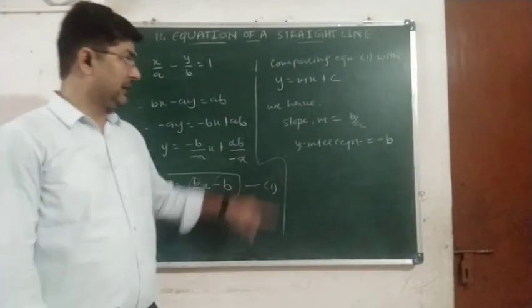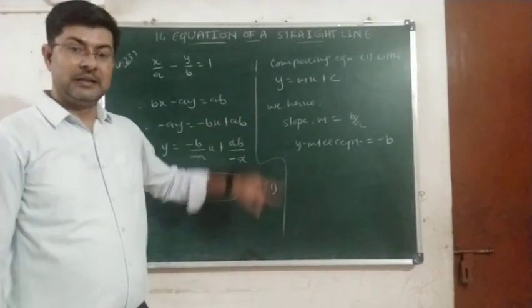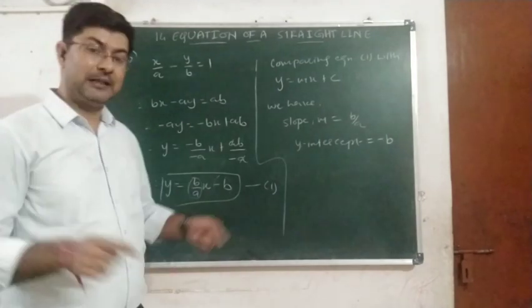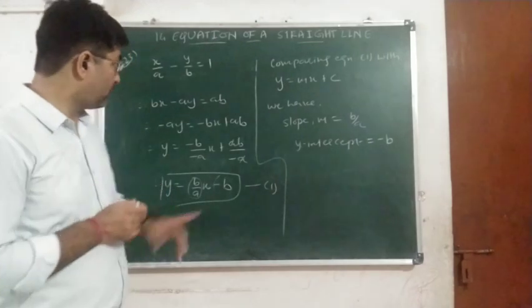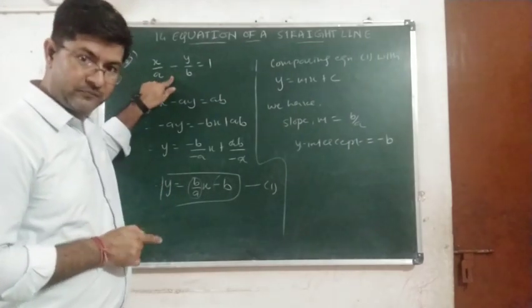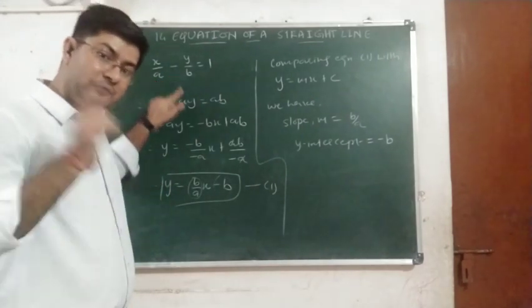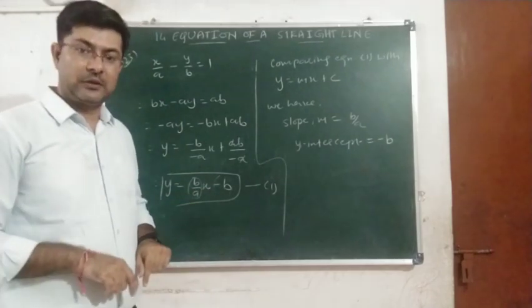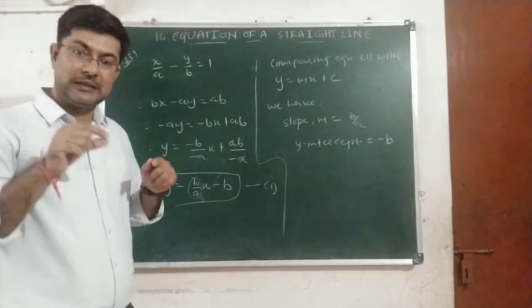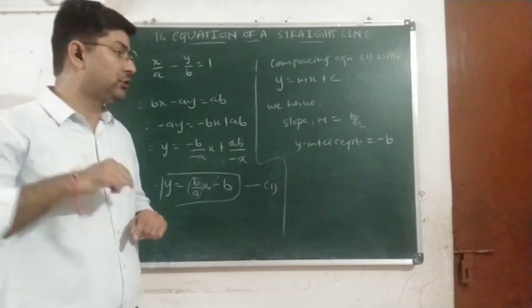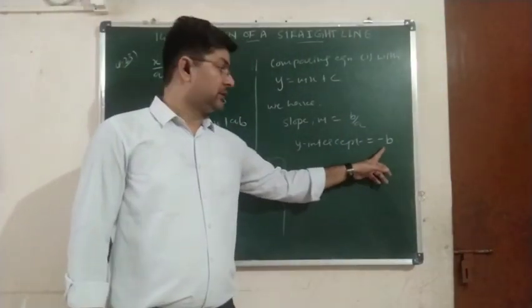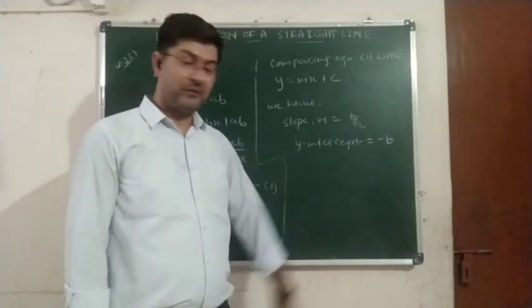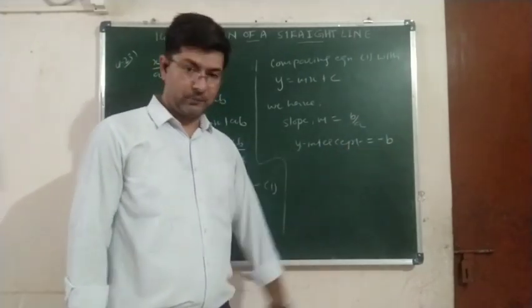Because it is given that the required line is intersecting the given line on the y-axis. It means the point of intersection of the given line, the required line, and the y-axis is the same. So all these three lines meet at a point which lies on the y-axis. So obviously the point will be 0 comma minus b, because on the y-axis we get the y-intercept to be minus b.